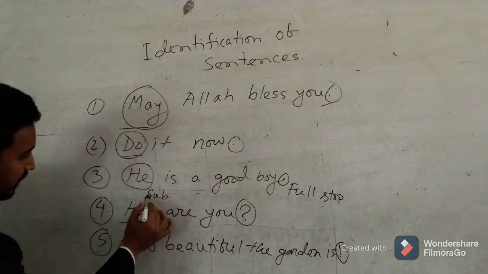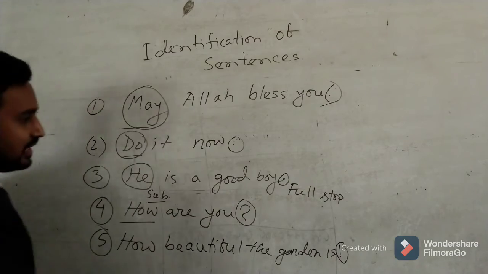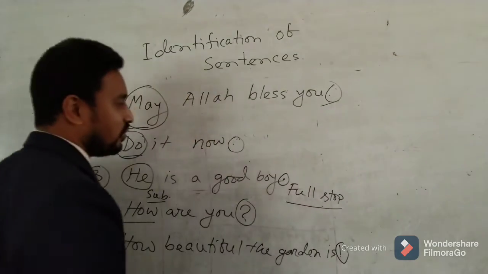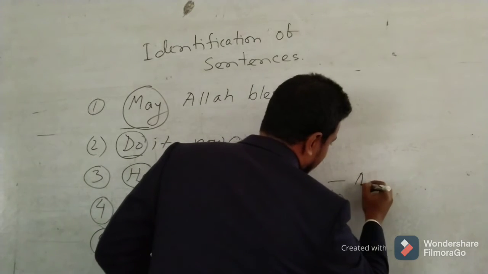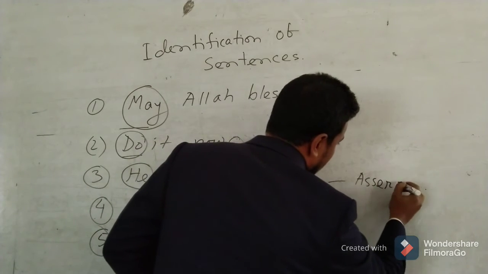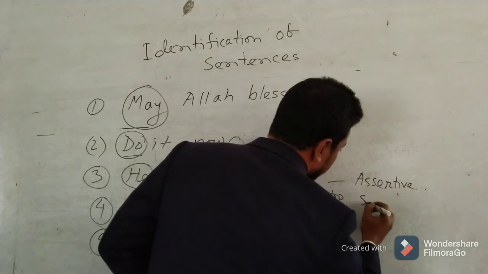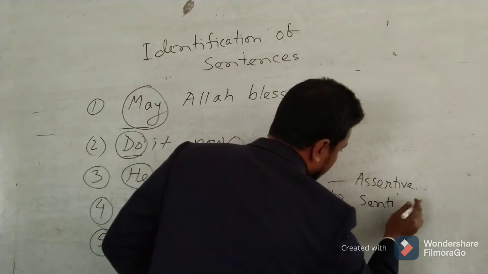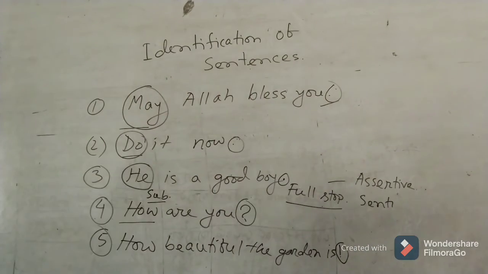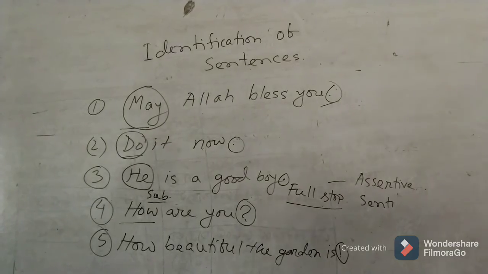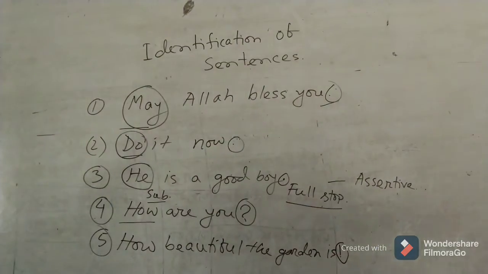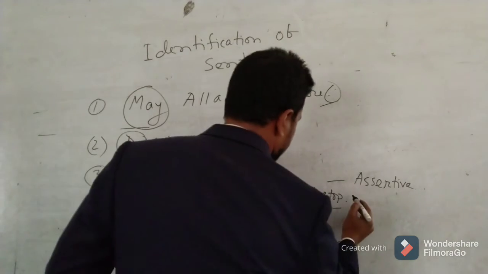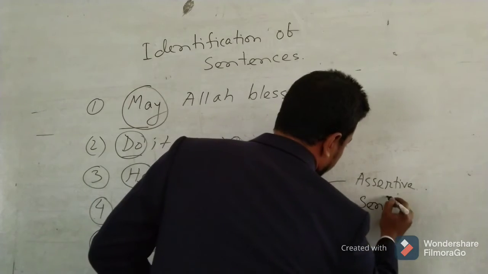So if we get a subject at the beginning and a full stop at the end, we will say it is an assertive sentence.